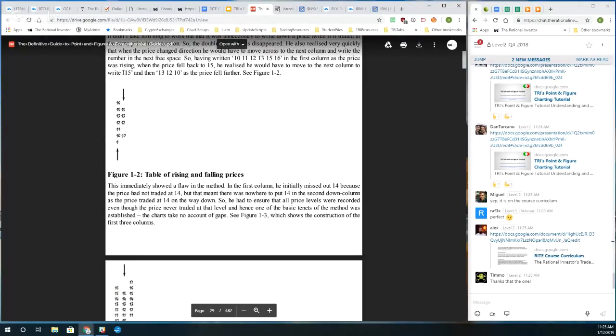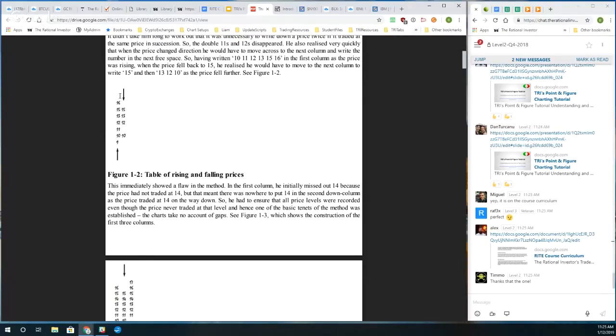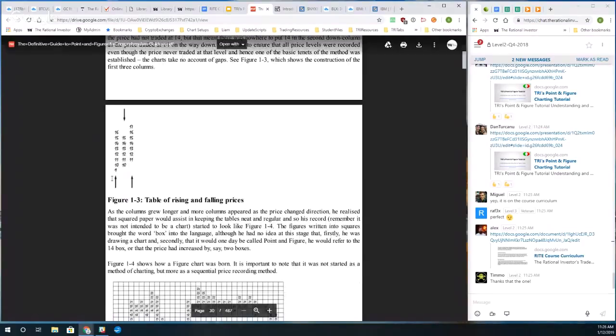Then if the market reversed, they would move over to the next column and start writing numbers down as the price moved down. And so in essence, you get one of these images that develops. And hopefully what you can see here is, gee whiz, that kind of looks like a W. And a break above 16 would be a structural breakout.